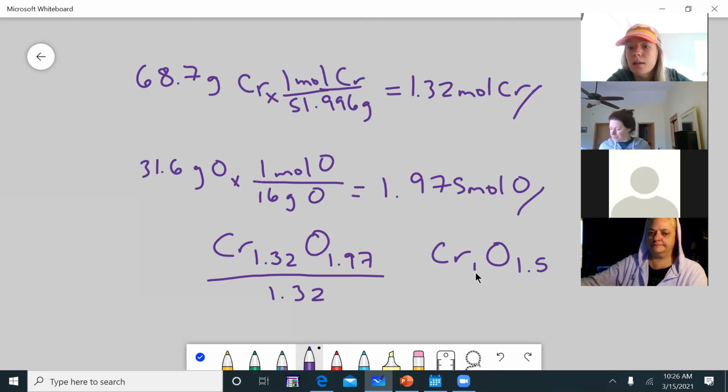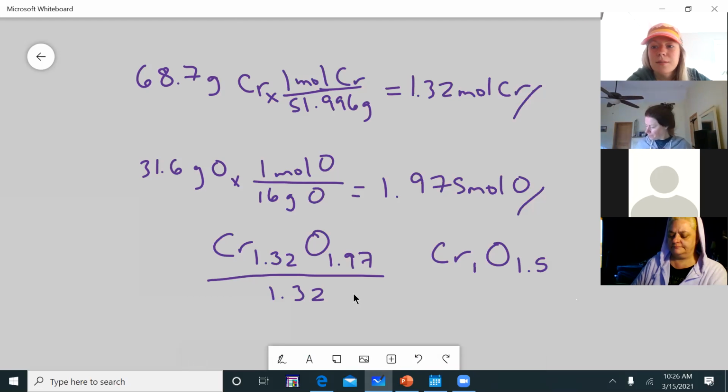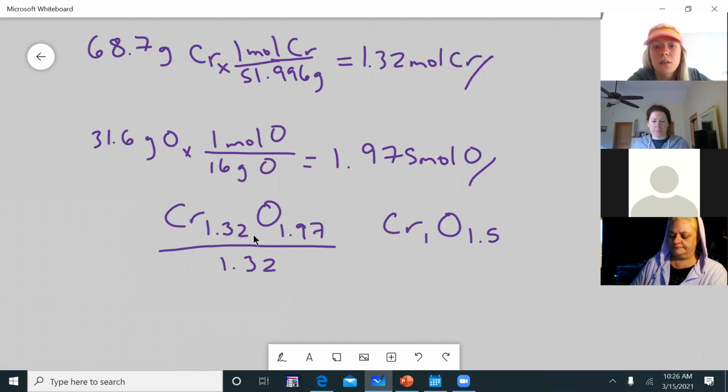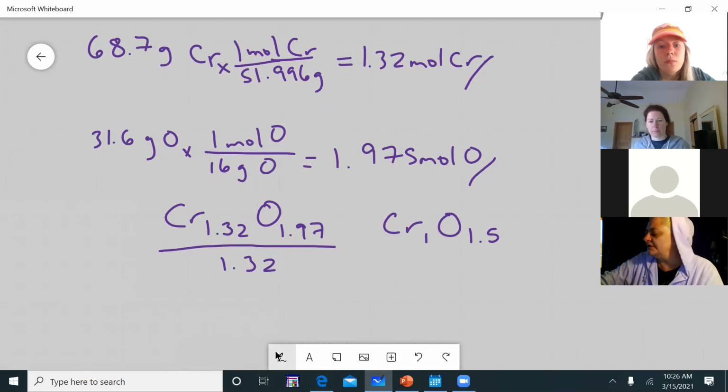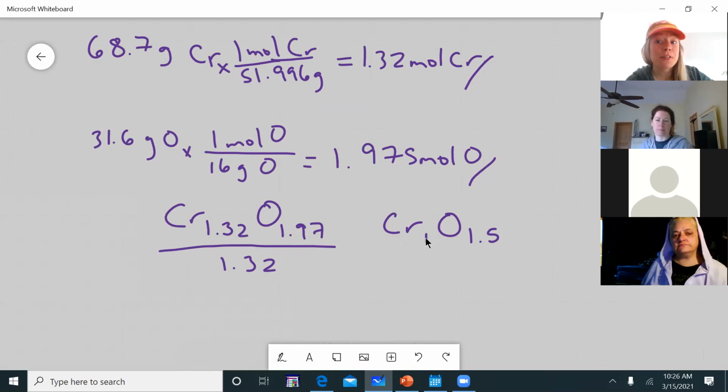Chromium went to a 1 and the oxygen went to a 1.5. Yay, nay, maybe. So now we still have a decimal, right? It's still not a whole number, it's getting closer to being cleaner, but it's not quite there.